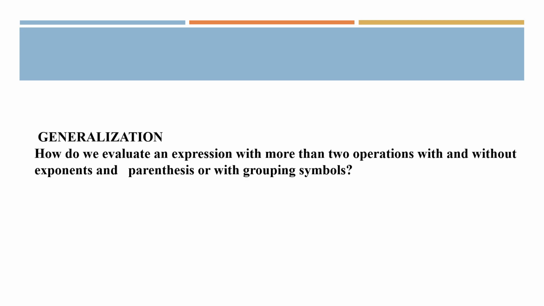How do we evaluate an expression with more than 2 operations, with and without exponents and parentheses, or with and without grouping symbols?